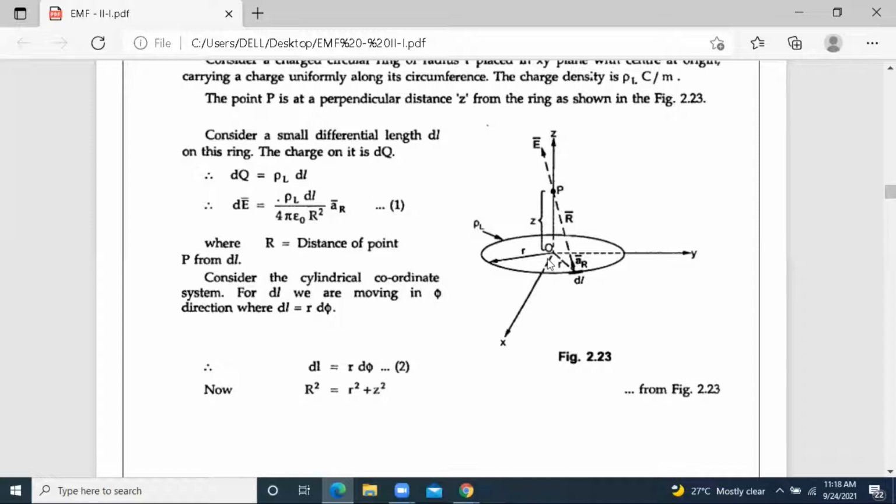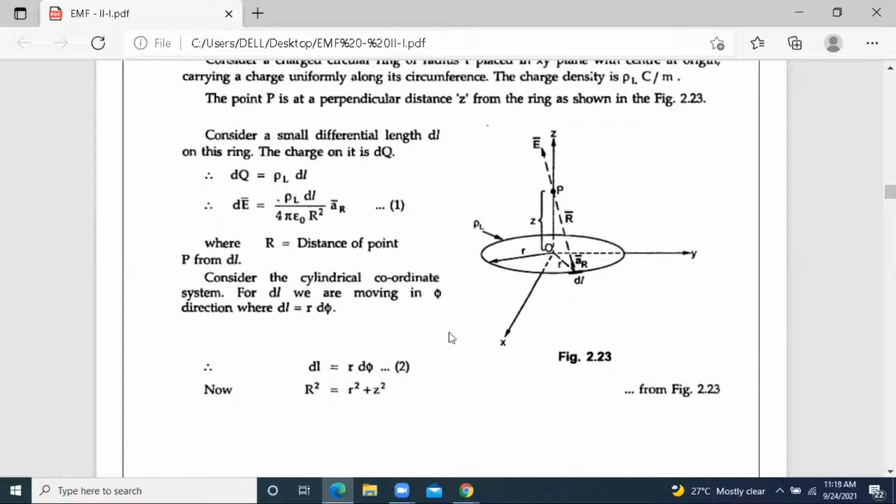So if you want to find a segment, the segment of 90 degrees, it would be 2 pi over 4 radians, right? Yes.